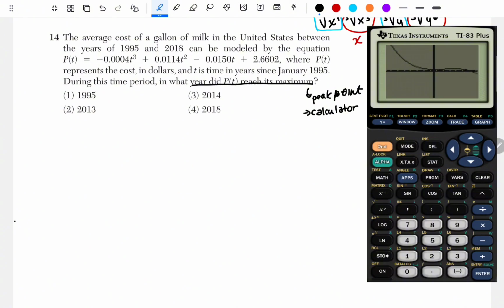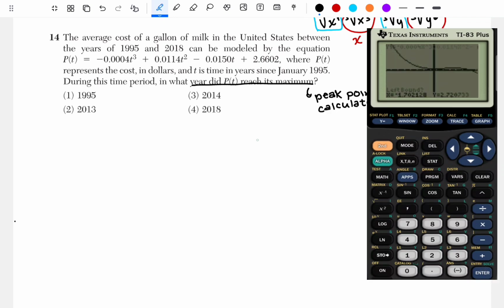So now that we have it graphed and zoomed out, we want to trace the maximum. So you're going to do second trace, scroll down to where it says maximum. You're going to do your left bound, on the left side of the curve, and your right bound, the right side of the curve.